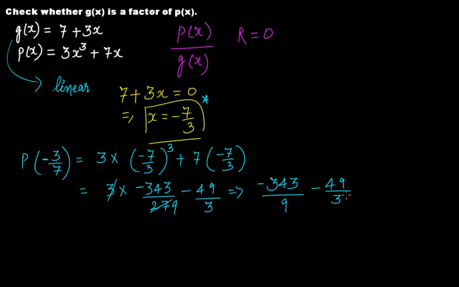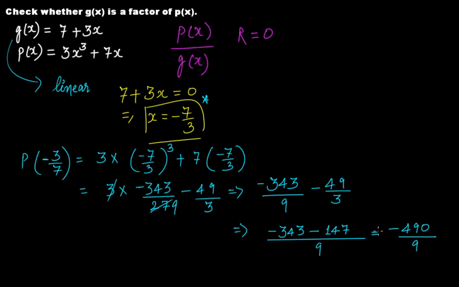Now if you take the LCM, this becomes 9, so minus 343 minus 49 multiplied by 3, that is 147, and this gives minus 490 divided by 9.